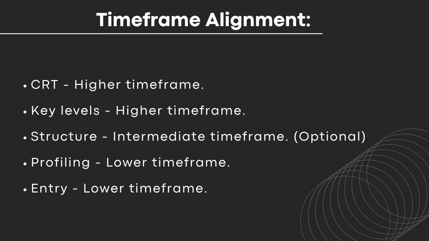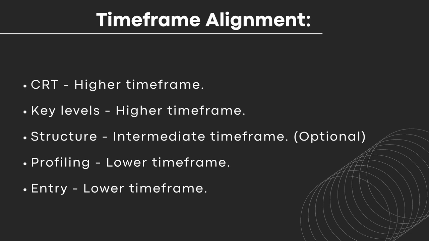Then we've got the intermediate time frame, on which we'll determine structure and order flow. And structure is basically seeing whether price is breaking highs and rejecting lows, or it's rejecting highs and breaking lows. That's what we call structure on a fundamental level. We're going to discuss structure in detail in other chapters too.